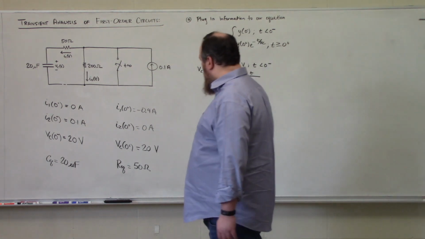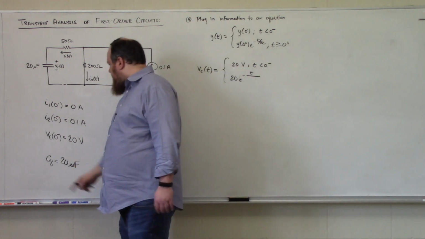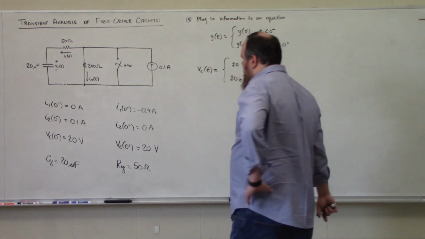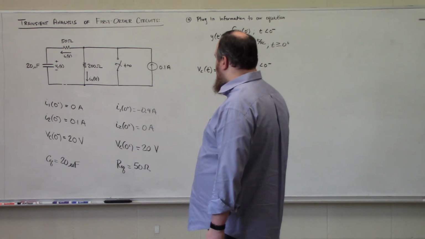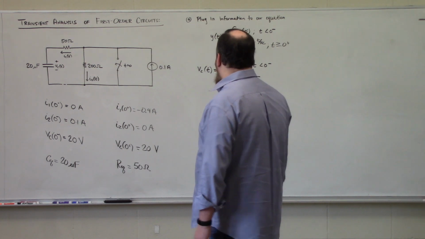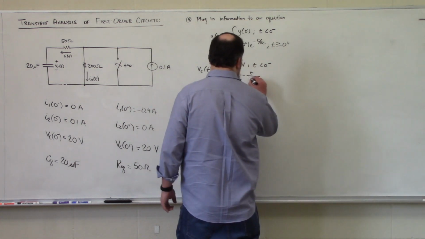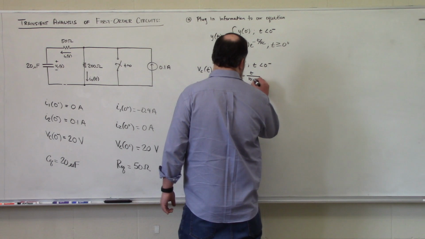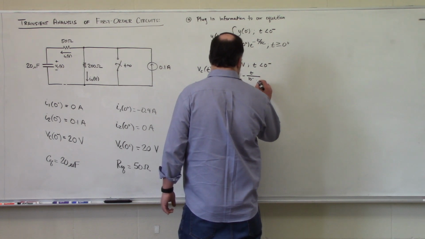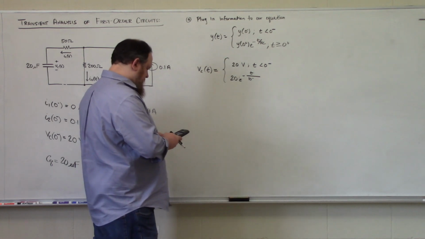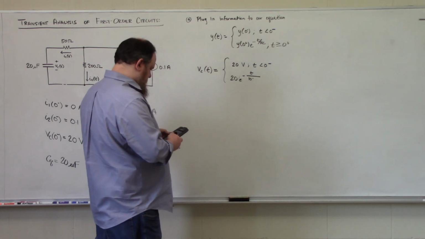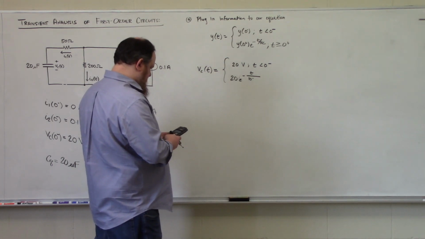All right, so R is 50. C is 20 times 10 to the minus 6. So 50 times 20 is 1,000 times 10 to the minus 6. So that's the same as 10 to the minus 3. Excuse me, I thought 20 times 10 to the minus 6 times 50.